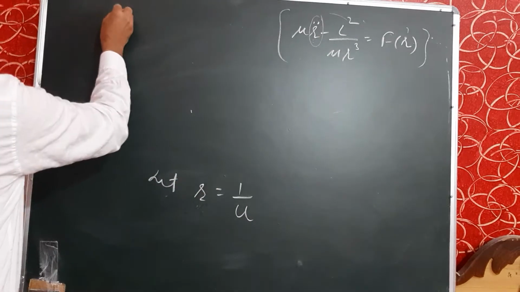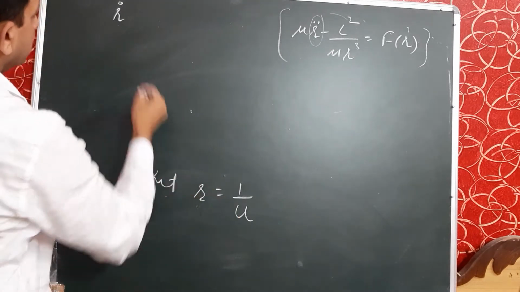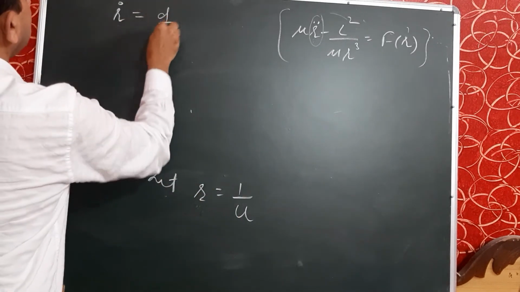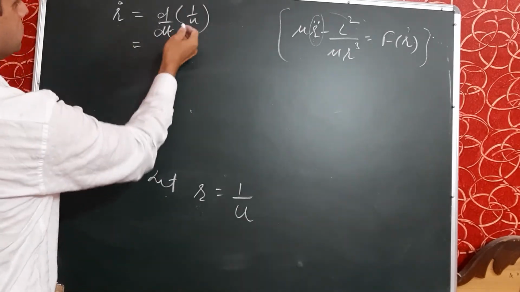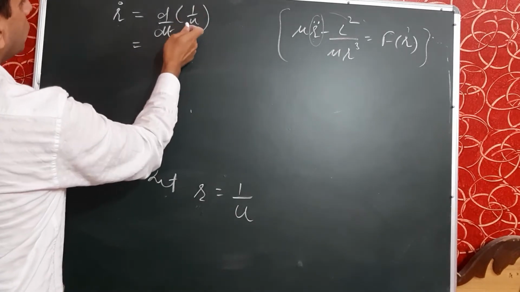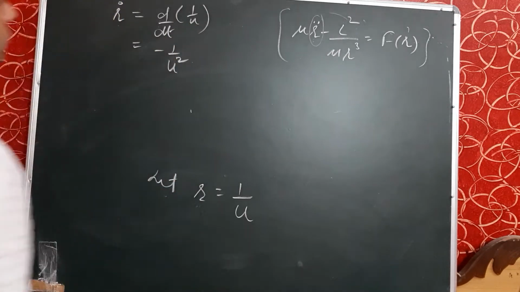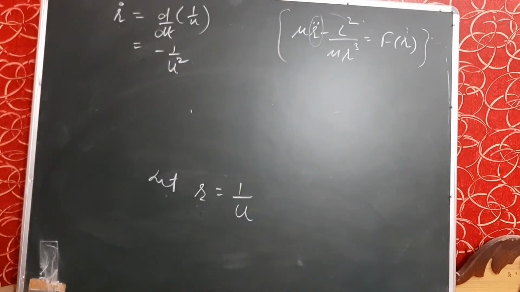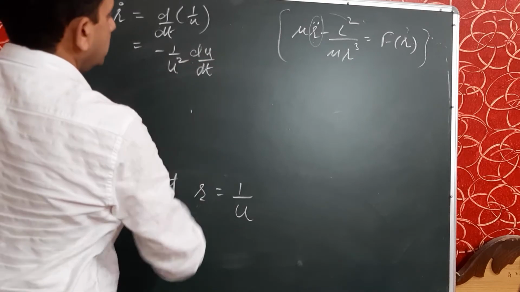First of all, taking the first derivative, that is, taking the derivative with respect to time on both sides. So, r dot becomes d dt of 1 by u. We know that the derivative of 1 by u is minus 1 by u square into du upon dt.